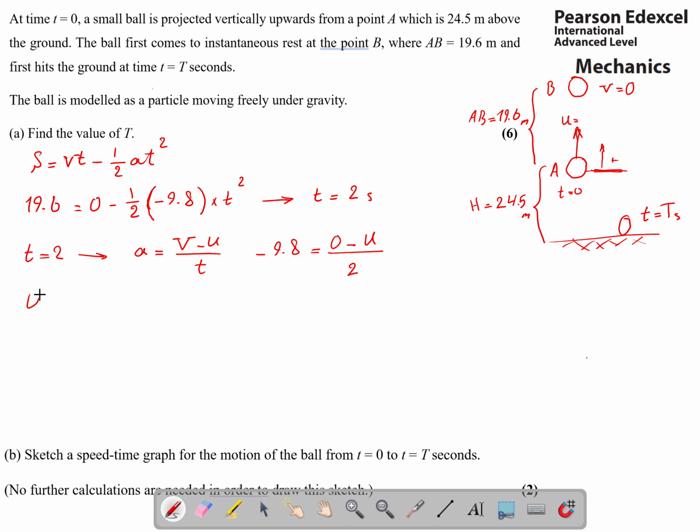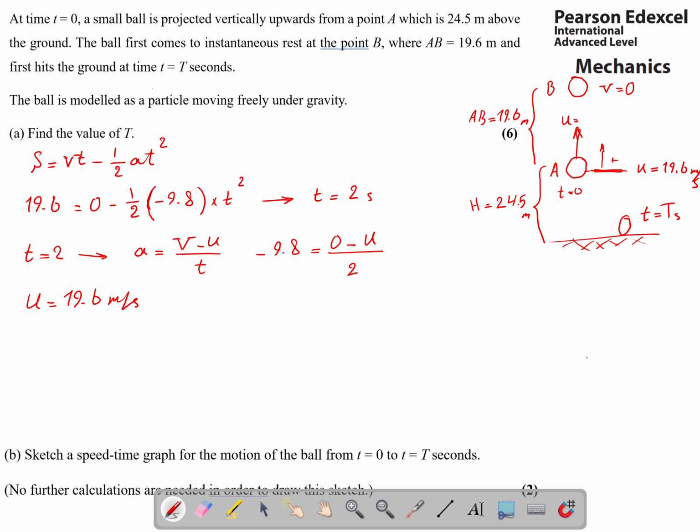Now you can find u equals 2 times 9.8. It will be 19.6 meters per second. Now we have the initial velocity u equals 19.6 meters per second.